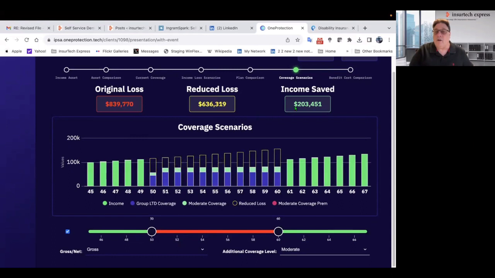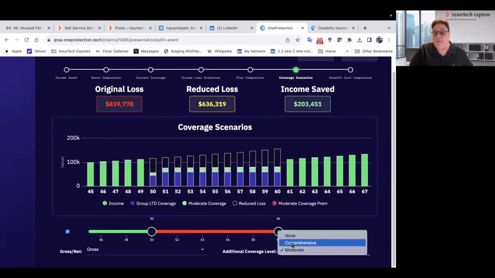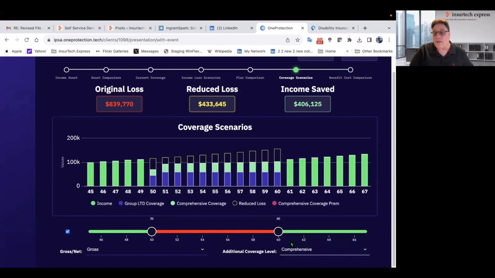So we have now saved $200,000 during the time that we're disabled over these 10 years. If I did the comprehensive coverage, which is only $75 a month, I am now saving $406,125 in income for only paying $75 a month.